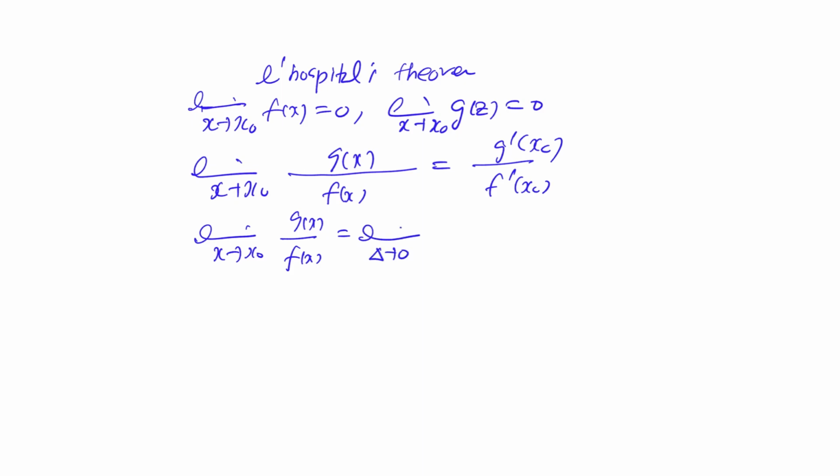As delta goes to 0, f(x0 plus delta) over g(x0 plus delta), right? And minus, you can do this. So we change x to x0 plus delta. Then this is already 0, right? This is already 0.